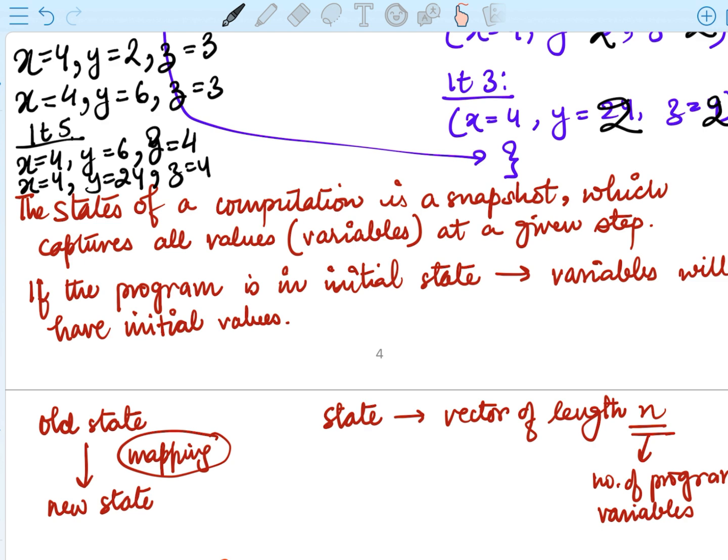So if somebody asks you what states are, the state of a computation is a snapshot. It is a snapshot which captures all values at a given step. At a given step, you capture all the values. If the program is in its initial state, then you call all the variables that hold values the initial values.